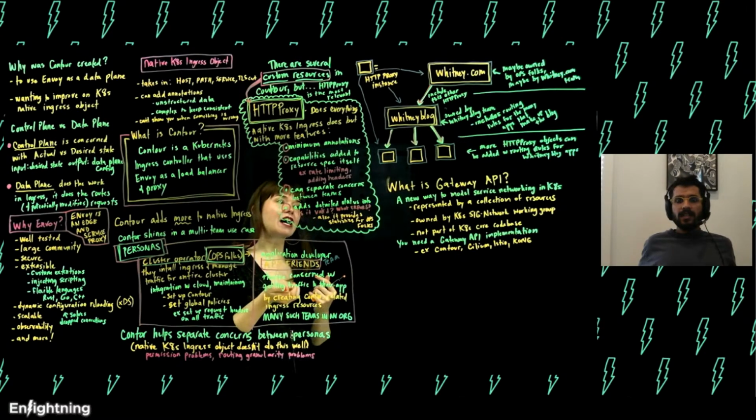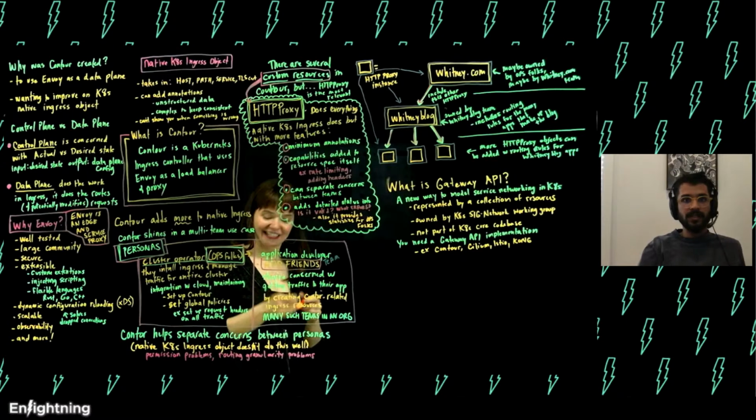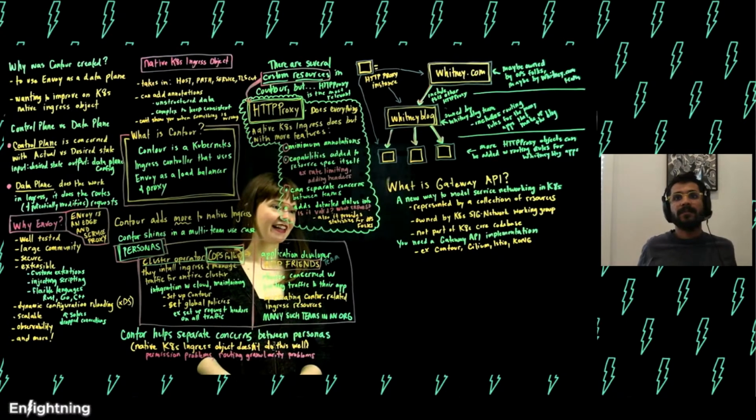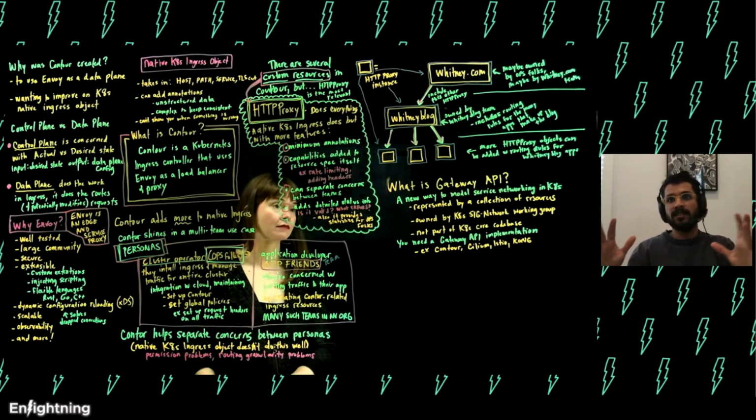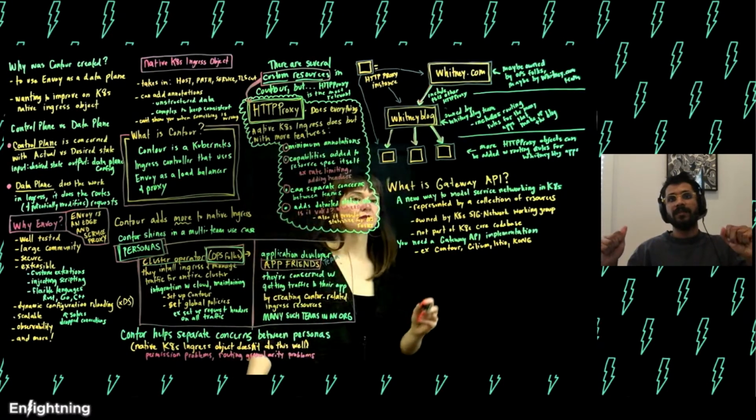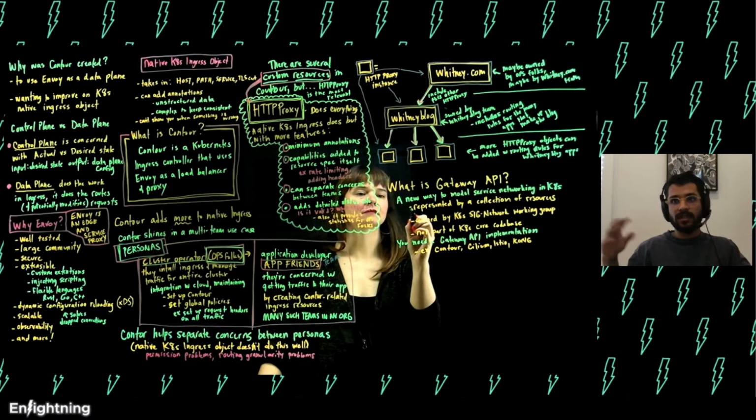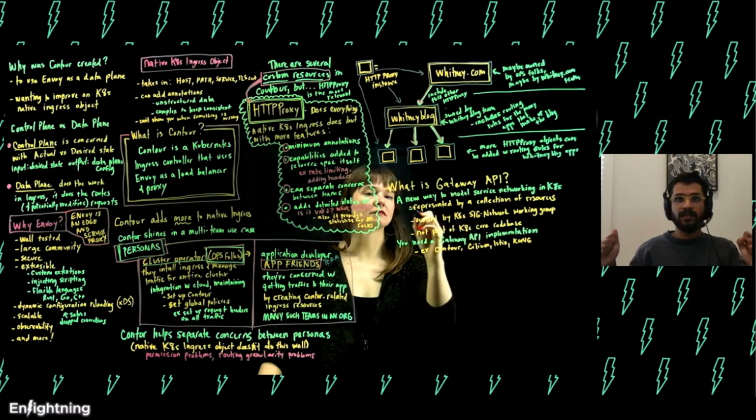Cool. So are we going to talk about the different Gateway API resources? Yes, we will. If we look at the progression here, from Ingress to HTTP proxy, we had the addition of a roles and role-oriented structure.